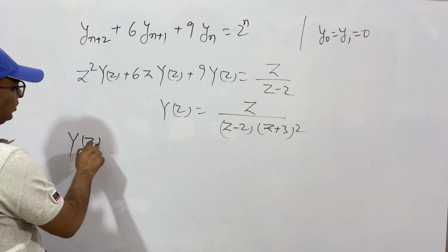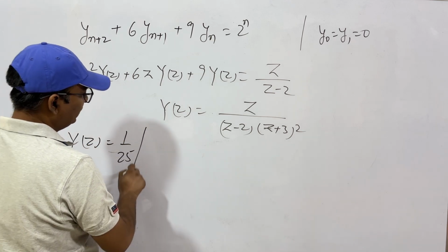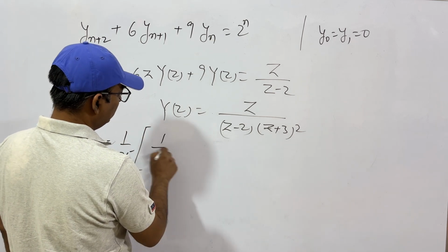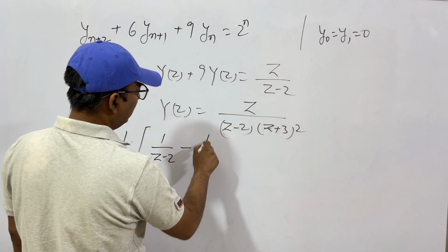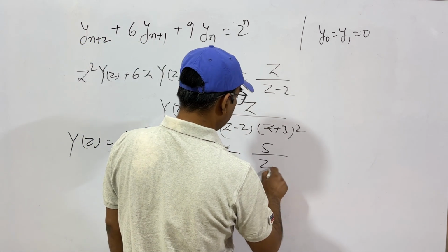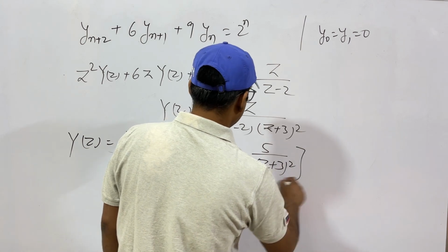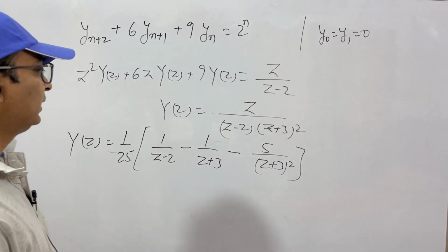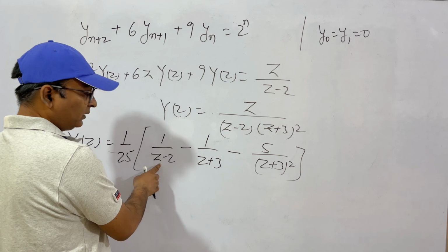This comes to 1 by 25 times: first is 1 by (z minus 2), then minus 1 by (z plus 3), minus 5 by (z plus 3) square. This is the expansion. Now you know the inverse transform of this.